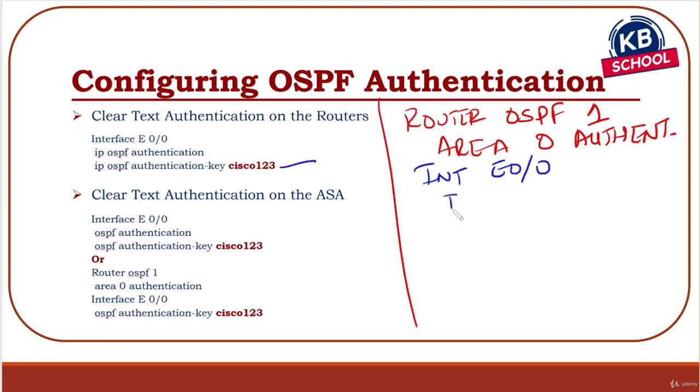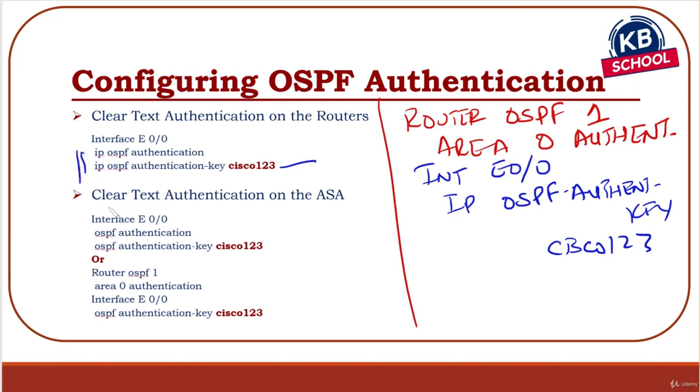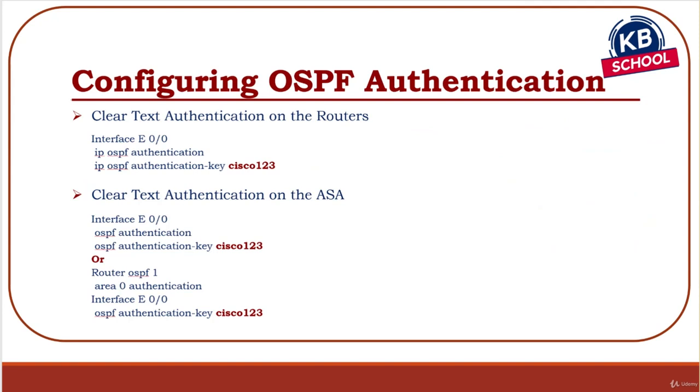That is the key command, IP OSPF authentication-key Cisco123. So I did not need to do 2 commands on the router. I would do 1 command under the interface. It helps if you have a bunch of different interfaces belonging to the same area that want to do the same type of authentication. This is clear text though.